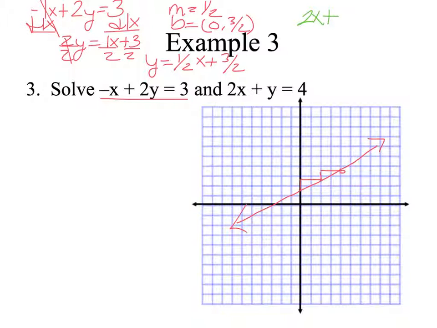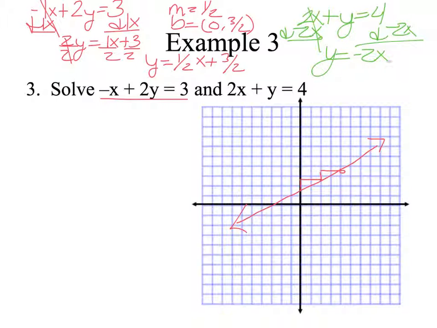2x plus y equals 4. Add negative 2x to each side. Y equals negative 2x plus 4. I have a slope of negative 2 over 1. I have a y-intercept at 0, 4. 0, 4. 1, 2, 3, 4.